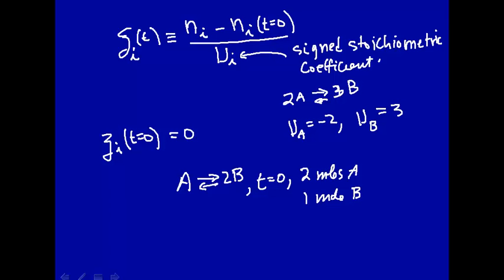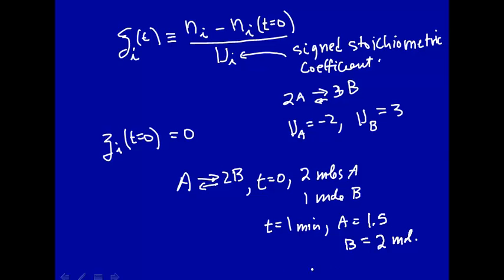You're just subtracting 2 minus 2 for A and 1 minus 1 for B. Let's say at time equal to 1 minute, A now is, let's make it more interesting, 1.5, and B now is equal to, you started with 1 mole, but for each mole of A you lose, you produce 2 moles of B. If you lost half a mole of A, you produced 1 mole of B. So the amount of B at time equal 1 minute is what you started with plus what you produced from this reaction, so the total amount is 2 mole.